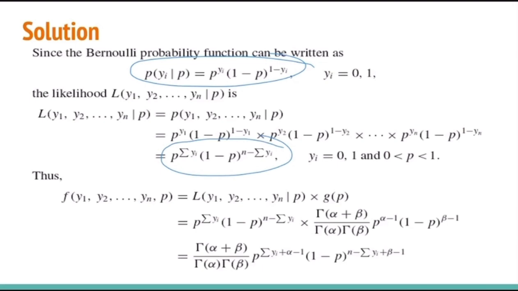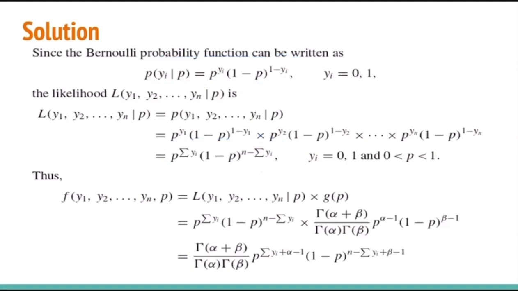The idea of the likelihood is very crucial in the Bayesian framework, so you must be able to understand how to get the likelihood of the probability distribution of the data. The probability distribution of the data here is Bernoulli, then you get a likelihood, and they gave us that the prior distribution is beta.